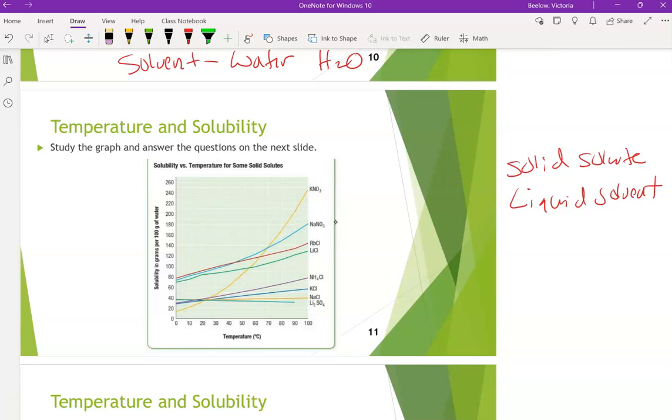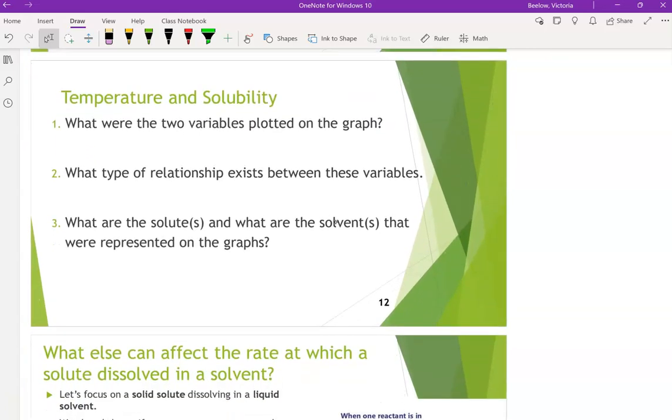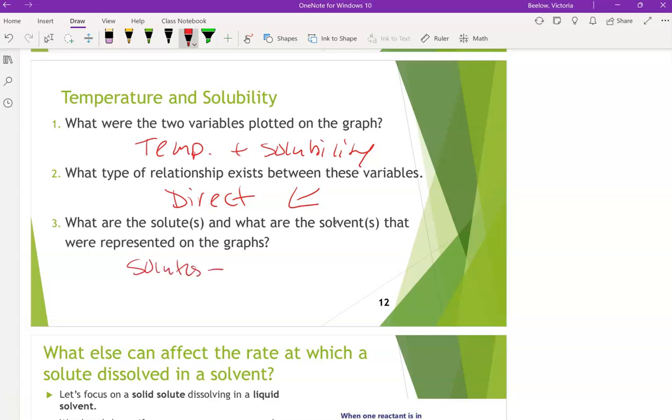And this makes a lot of sense. This is pretty intuitive for most of us. So the two variables on the graph are temperature and solubility, just like the last one. But we're seeing a direct relationship on this graph. And that is because the solutes are solids.